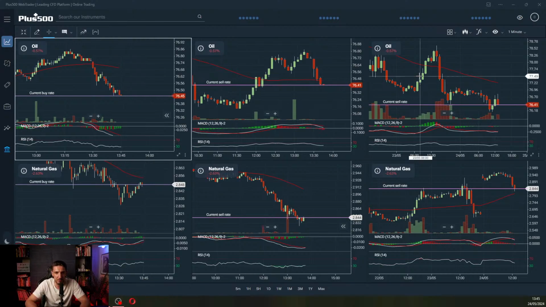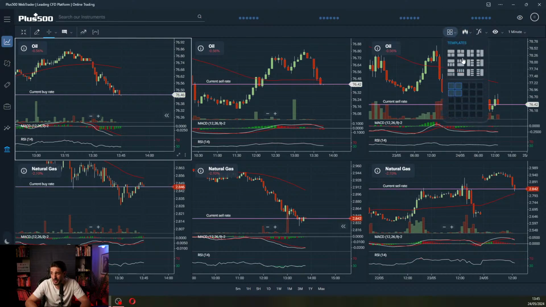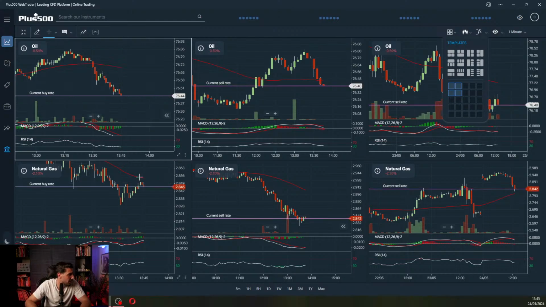So it does have a little bit more options when it comes to layouts, which I found quite nice, to be fair. Also, you have many more indicators now, although I'm using pretty basic indicators: underlying volume, MACD, and the RSI, alongside obviously the most important one for me, the 50 moving average.